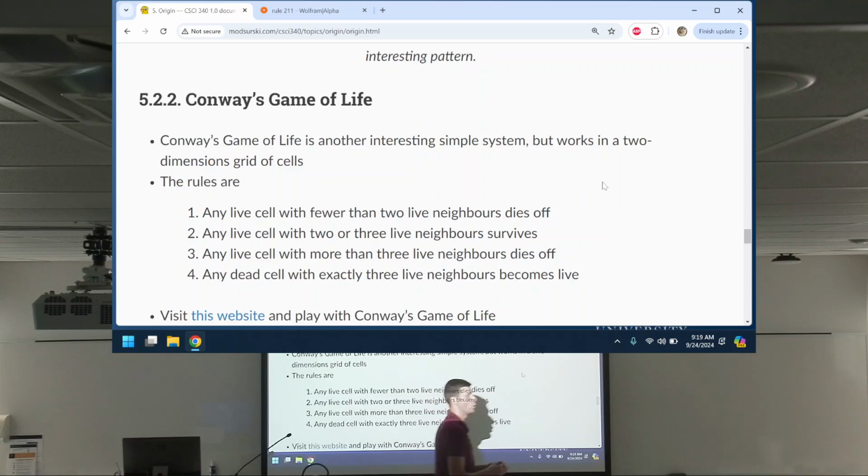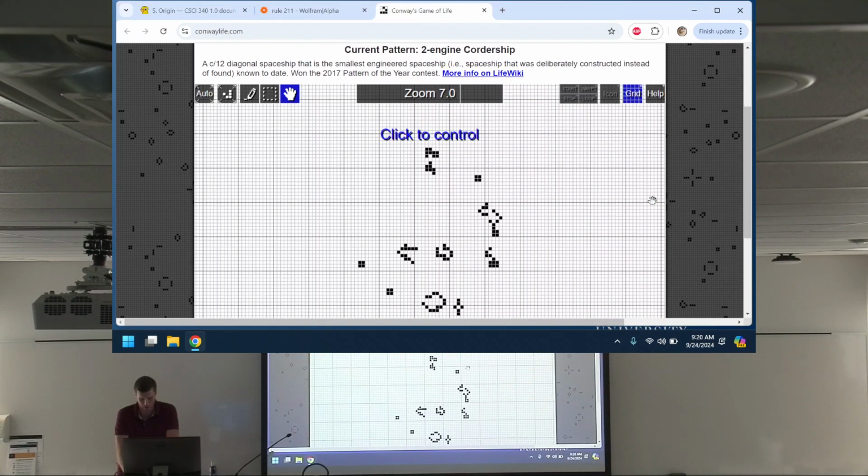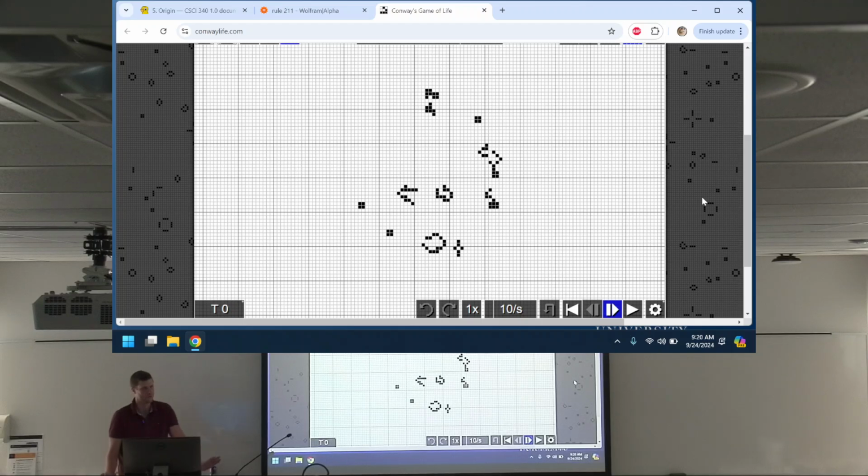Any cell with 2 or 3 live neighbors survives. Any cell with more than 3 live neighbors dies off. Any dead cell with exactly 3 live neighbors becomes alive. That's Conway's Game of Life. Hilariously simple little rules, okay?